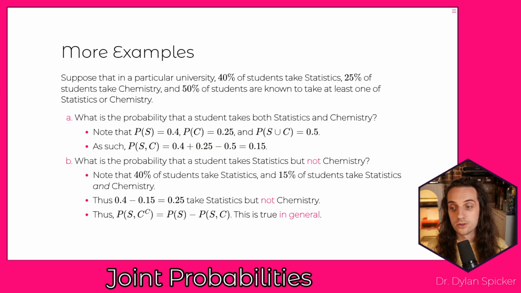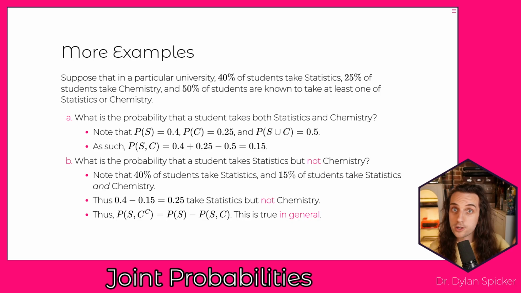However, we can also think about this as coming more directly from our intuition. What we're really thinking about is that of all the students on our campus, 40% of them are in our statistics class. And we know that 15% of the students are in both statistics and chemistry.